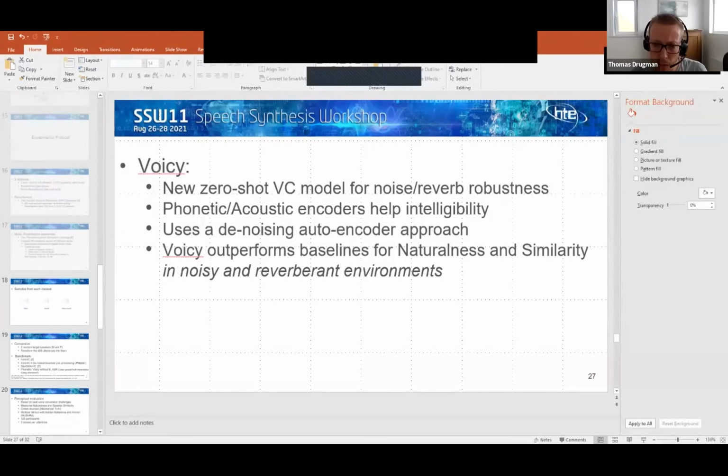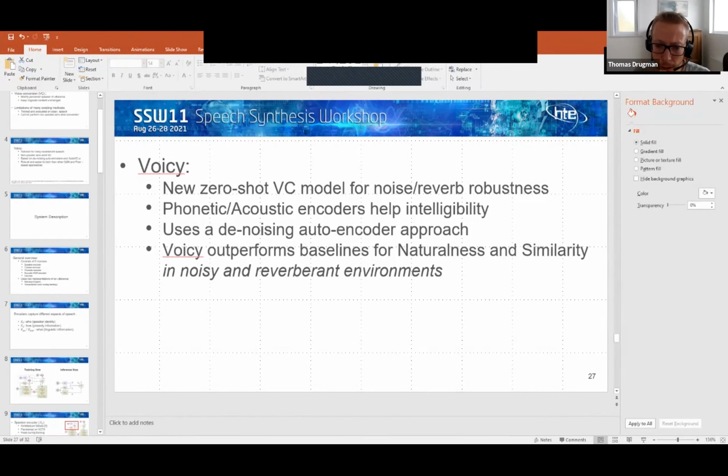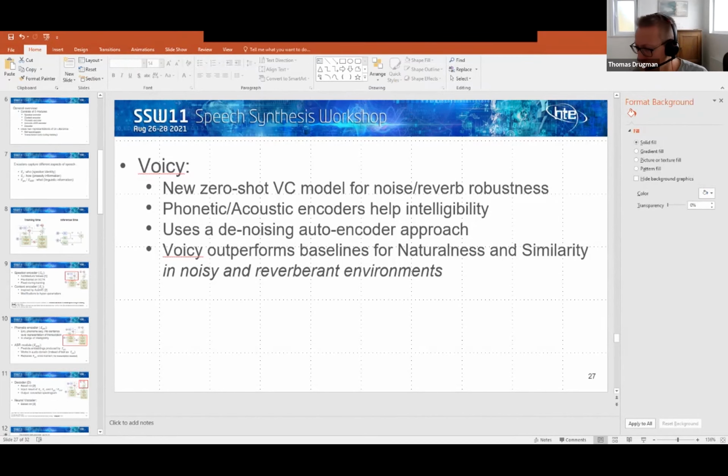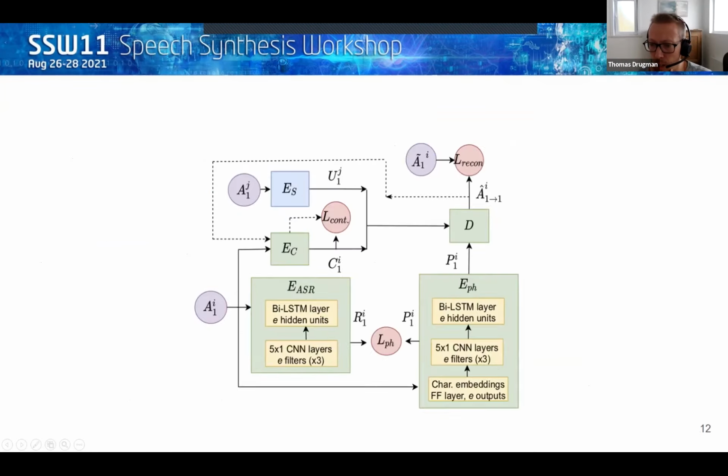From Eija: which component in VoiceY makes it more robust compared to the baseline? I need to reshare my screen. Sorry about that. The components that make it better in reverberant and noisy scenarios are the introduction of those 2 modules here.